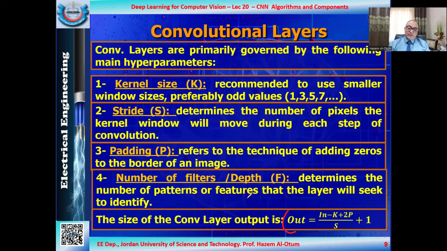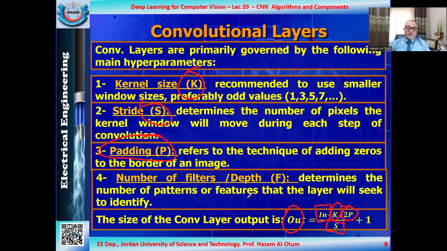The output will be equal to n, the size of the input, minus k, where k is the kernel size, plus 2p, where p is the padding, 2 multiplied by p, divided by the stride s. This will define for you the size of the output.